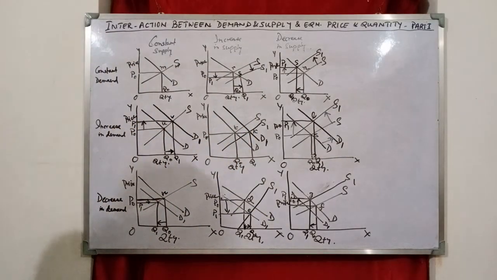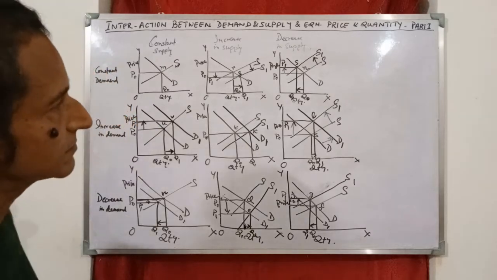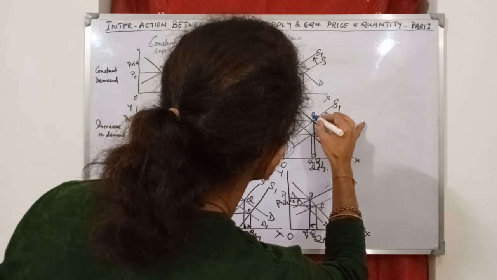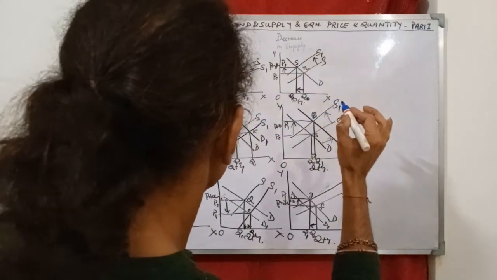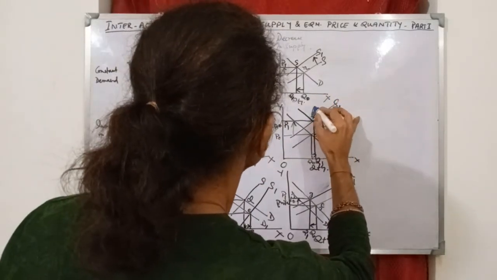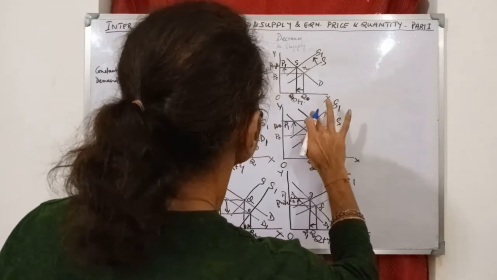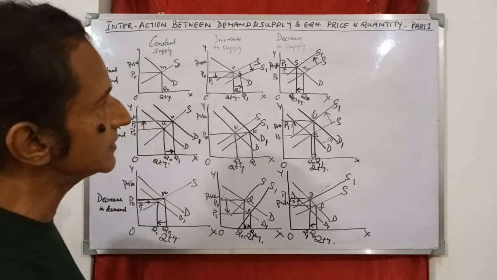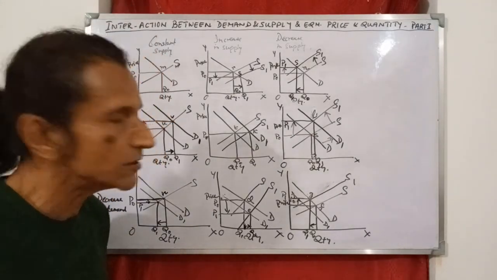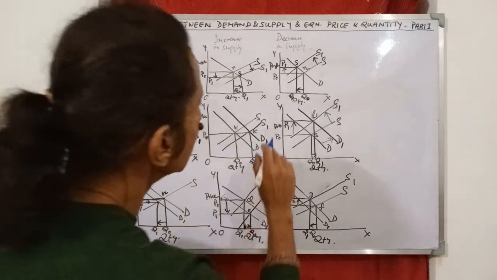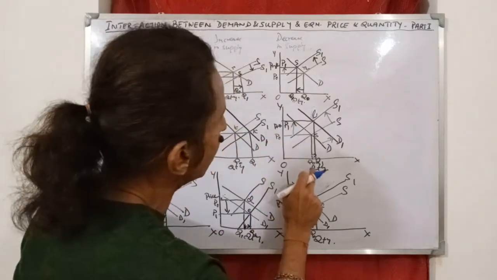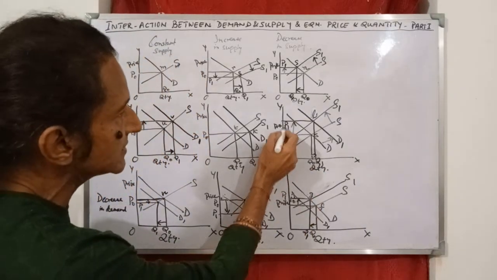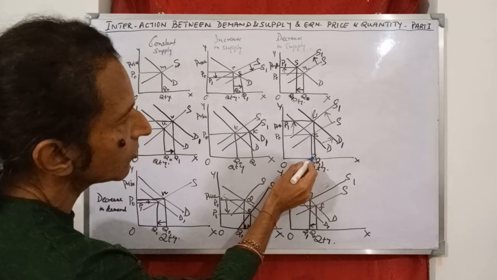As a result, the new point of intersection, let it be L. L is the new point of intersection between D1 and S1. So equilibrium price becomes P sub 1 and equilibrium quantity becomes Q sub 1. So equilibrium price increases and equilibrium quantity also increases.